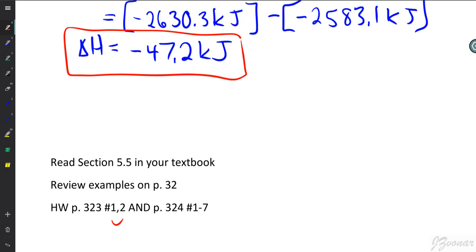And then on page 324, you can do at least the first 3 questions would be wonderful. So if you can at least finish as a bare minimum, do 1 to 3, that would be great. But if you have lots of time on your hands and you want to keep practicing, the more you do, the better you get at these types of problems, and those are found on page 324.